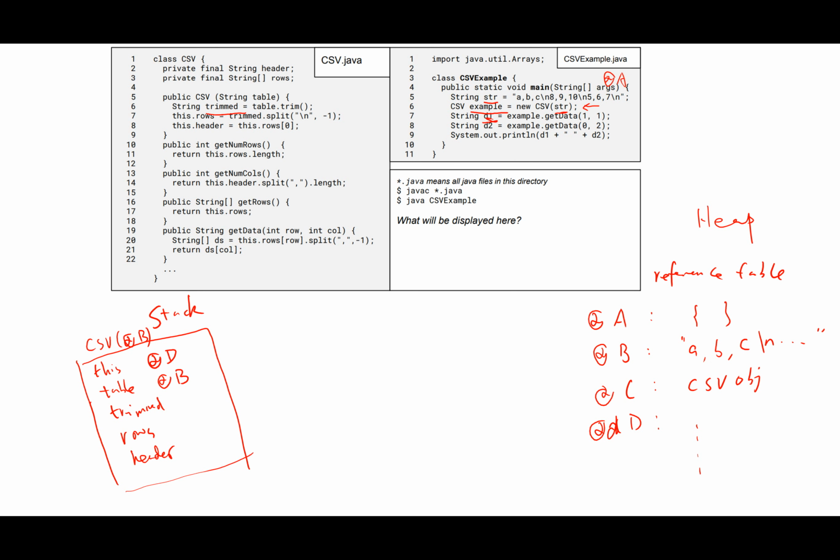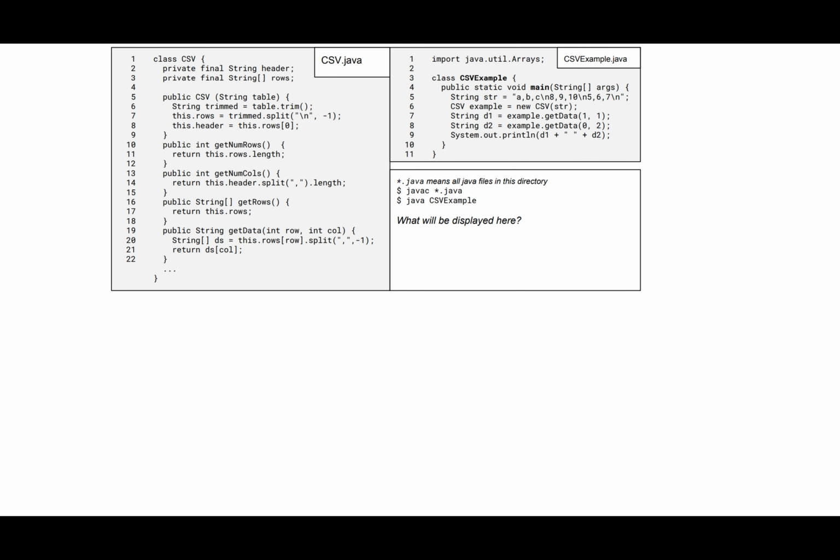The same thing in 8B. We still have a heap. We still have a stack, except instead of using at A, at B, at C, at D, sometimes it's just faster for us to use arrows to point to different things. So now let's look at this code and let's draw it the 8B way, which is, as you can see, exactly the same as 8A. It's just a different way to represent the same information.